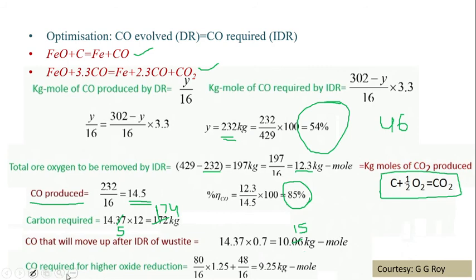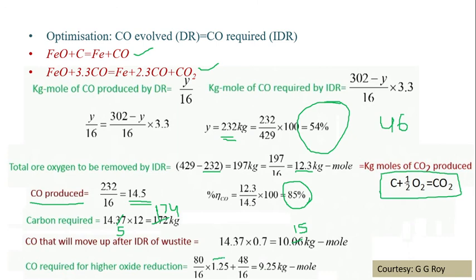But what is the requirement actually? The CO requirement for higher oxide reduction will be 80. That was 79, but rounded off it was 80. 80 divided by 16, with respect to oxygen, into 1.25. That was the factor.